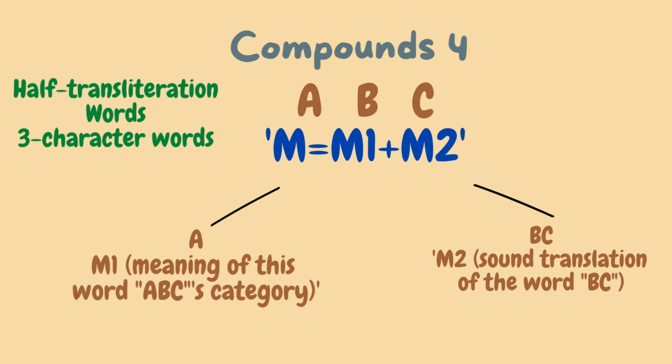Or the constituent characters B, C in a 3-character half-transliteration word may show the sound translation of the word composed by the final 2 characters B, C, and the first character A stands for the category of the entire word. Similarly, in a 4 or more character half-transliteration word, the sound and meaning translations are combined in the same ways.